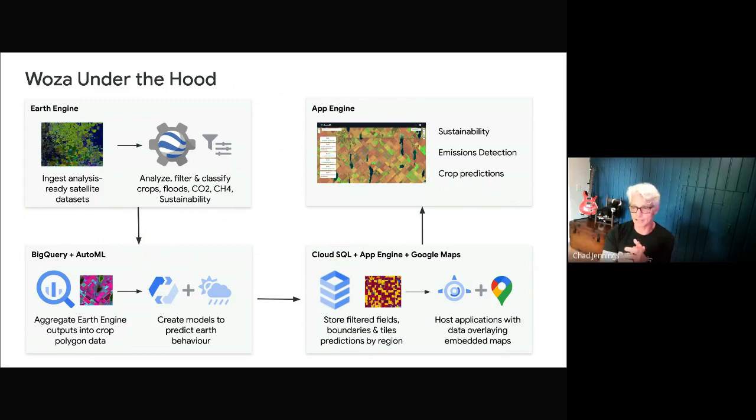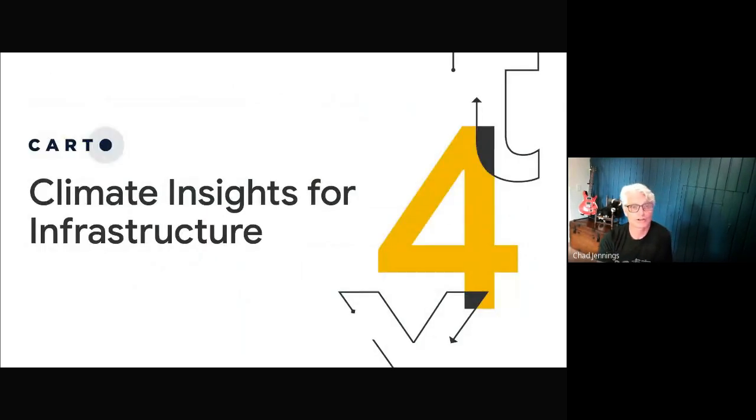So you can actually say, okay, if you've got this many hectares of soybean and the weather last year was really good for soybeans, then we know, say, Argentina is going to have a bumper crop of soybeans next year. They then export that data to Cloud SQL, App Engine, and render with Google Maps so that their customers can have an interactive experience inside of App Engine. So they've done an outstanding job pulling all of this together.